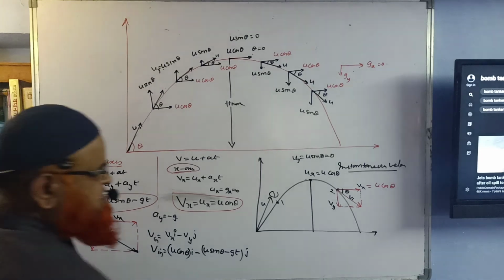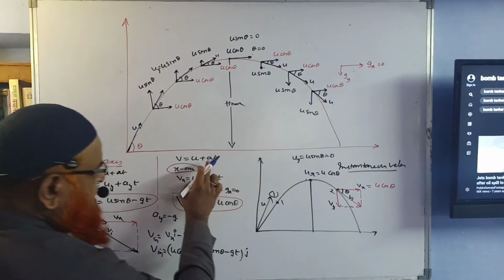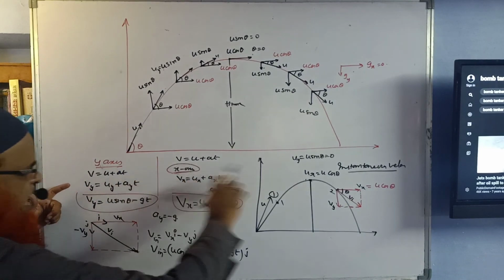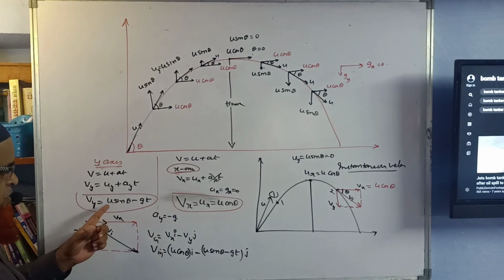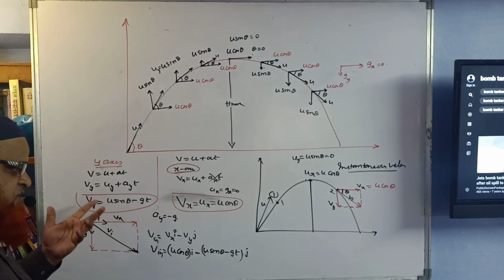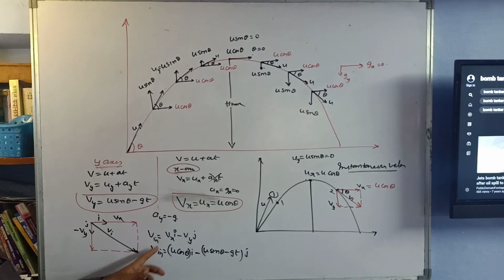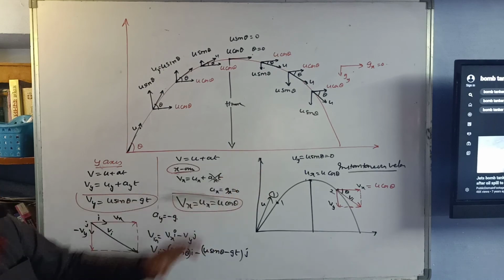Why is it that? Because Vx is equal to u cos theta, because the gt part has gone. It is the same old formula you are using in both cases. Horizontally this part won't be present, but vertically u sin theta is present, and minus gt is also present. So you just substitute the values of Vx and Vy, then you get the instantaneous velocity at that point.